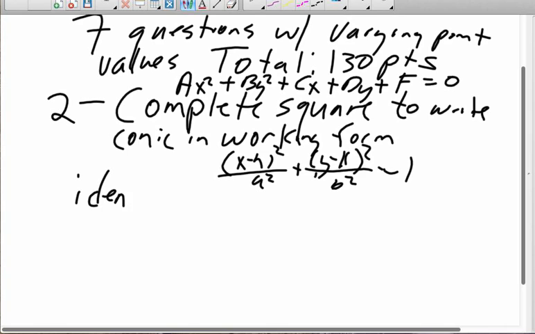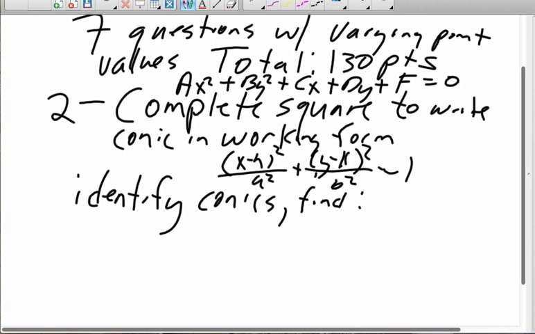You're actually going to need to do that before you get it into working form to make sure you get proper working form. So identify the conic and then find the center, major vertices, if they're present. For instance, circles do not have major vertices.